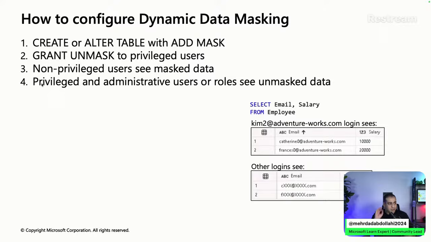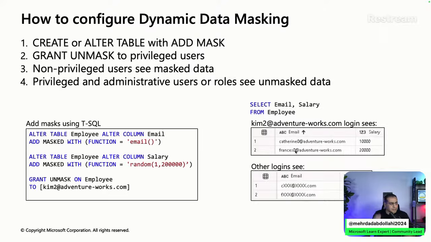Privileged and admin users or roles can see the unmasked data, and this is an example of how it will look. This one is only done for the emails. It is an example of how we are going to add the mask to our table. We are altering the table employee, altering the column email, and adding a mask with the function email.